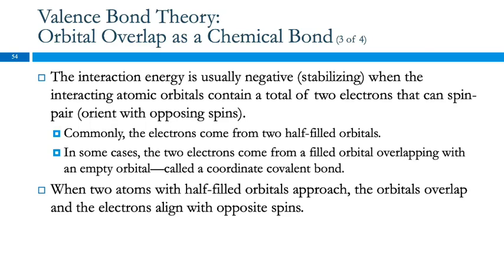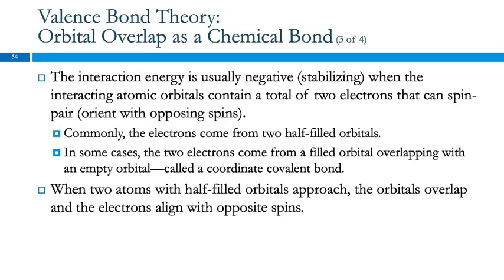One will be spin up and one spin down, and then they're okay in the same orbital. So our attraction here will be negative, meaning it will be attractive when the orbitals that are overlapping have a total of two electrons, and those electrons will spin pair. Normally, each atom brings one electron, and they pair up, and they're good.